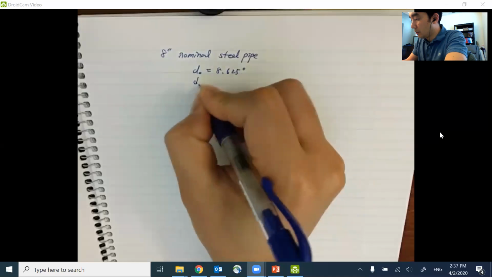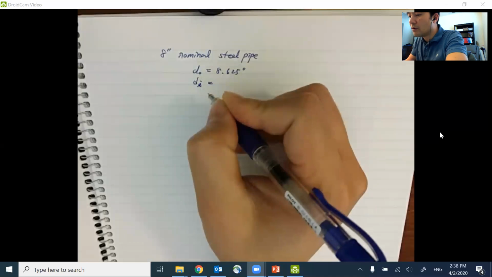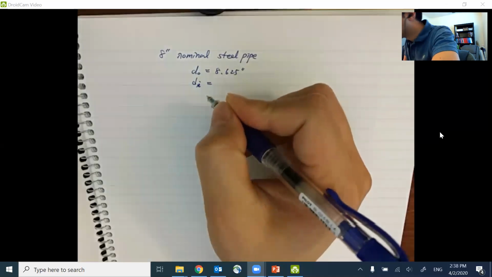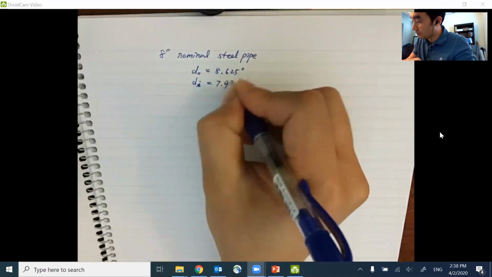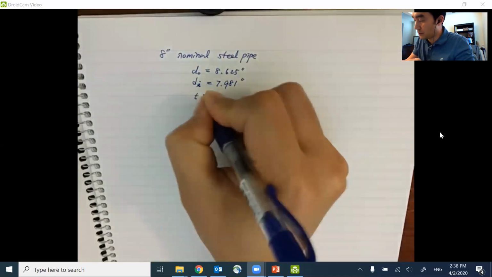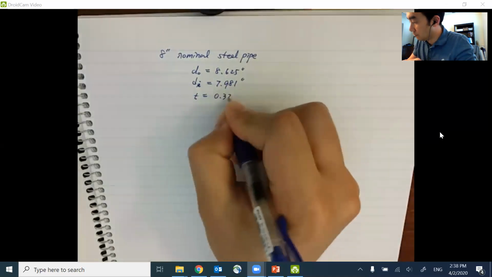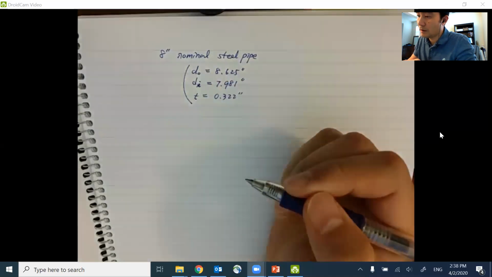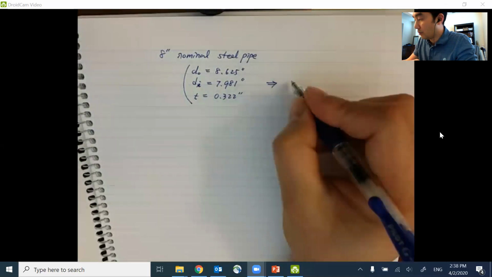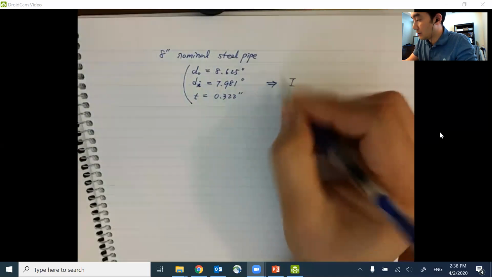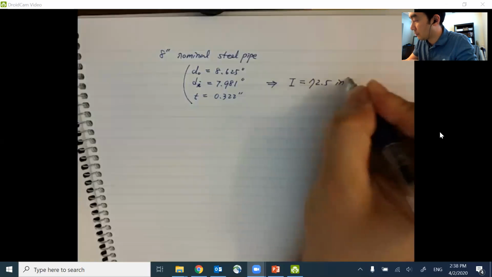The inner diameter will be 7.981. So the corresponding thickness t is going to be 0.322. And kindly, this problem already calculated the moment of inertia based on these dimensions, which is 72.5 inches to the fourth.